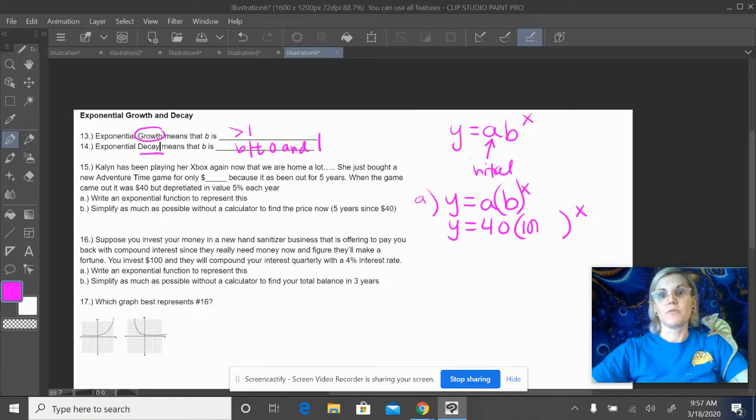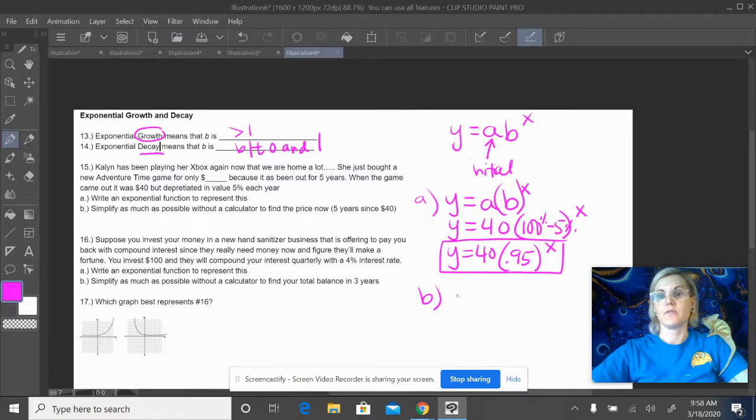So I'm going to do 100% minus the 5%. Okay, so y equals 40 times 95% to the power of x. 95% as a decimal is 0.95. So that's my function.